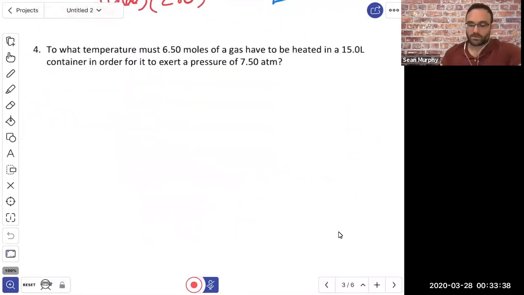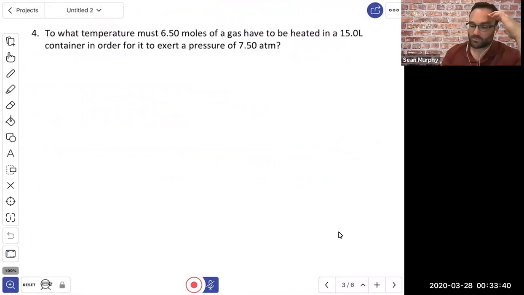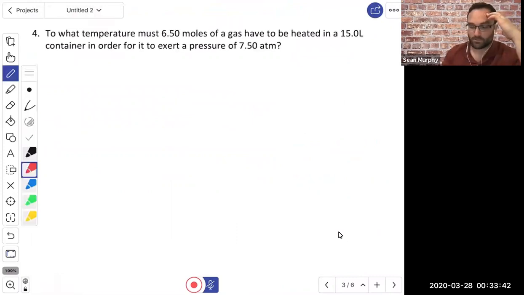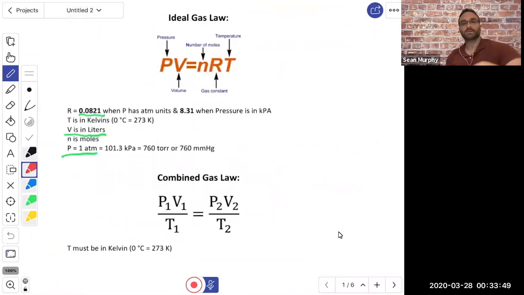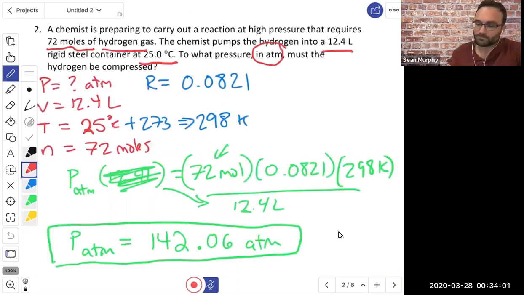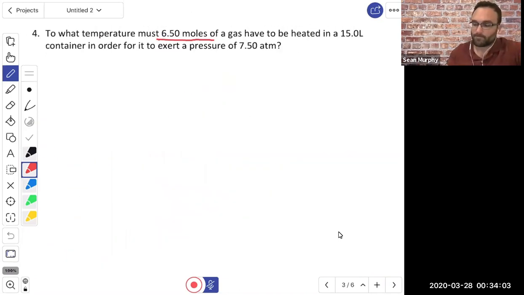All right. To what temperature must 6.5 moles of gas be heated in order for it to exert a pressure? Whoa, whoa, whoa, whoa. I just saw a context clue. Which formula has the word mole in it? This one does. That one right there, PV = nRT.